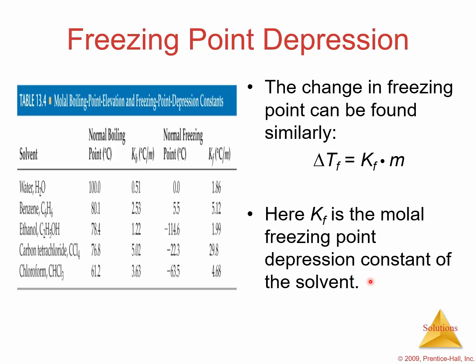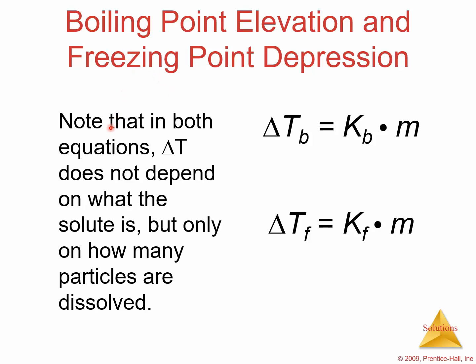The freezing point lowering caused by solutes explains the use of antifreeze in cars and the use of calcium chloride, CaCl2, to melt ice on roads during winter. So again, here we have the two formulas, one for boiling point elevation and one for freezing point depression.